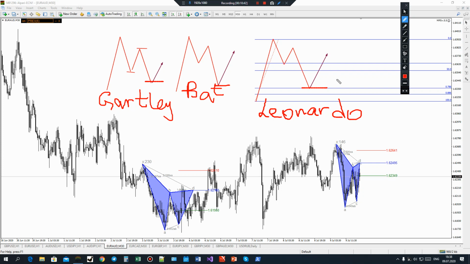Because there is one big problem with these patterns. They are tied to Fibonacci calculations, and this is a big problem because Fibonacci is found in nature, and we have pyramids with Fibonacci, we have planetary orbits with Fibonacci, we have shell spirals with Fibonacci, and because of this, Fibonacci is found everywhere.